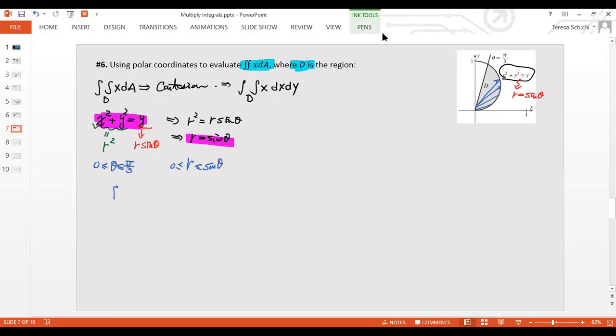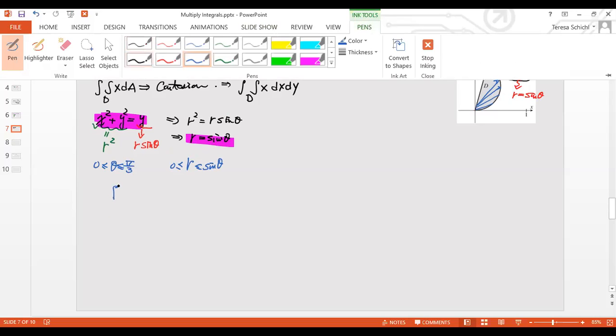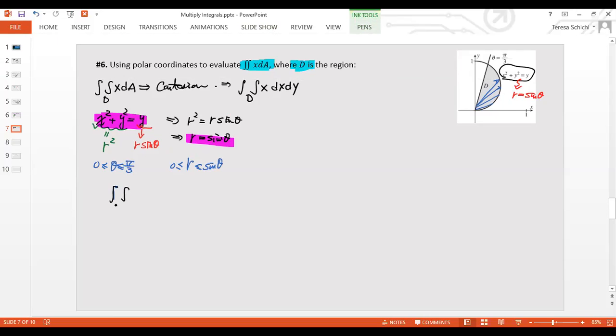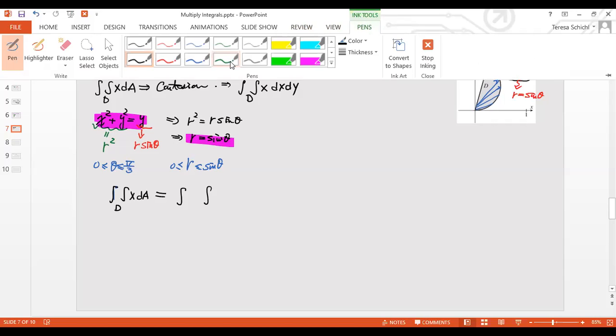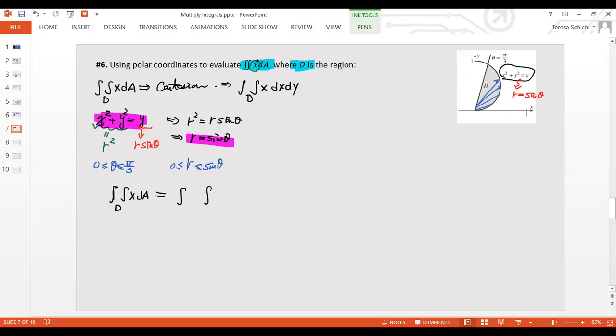Okay, so now let's do the double integrals here. So this one, x dA, this is Cartesian, right? Now I can change it to polar. Because r is a function, I need to do dr first. Then I need to plug in my function f of x, y. This x is my f of x, y.